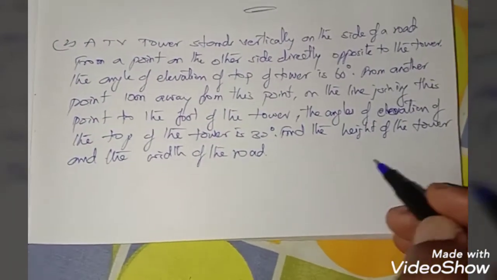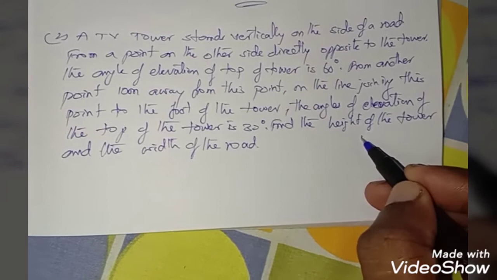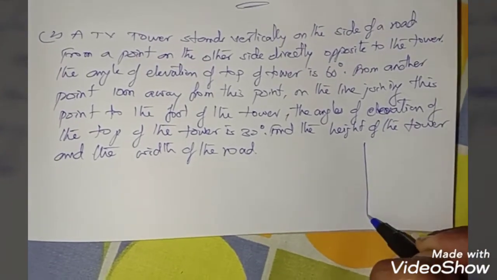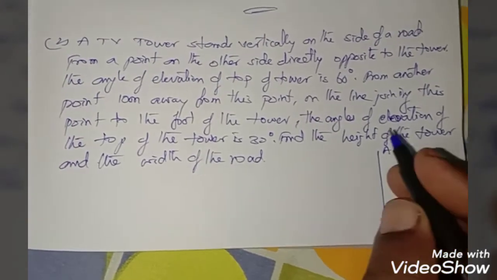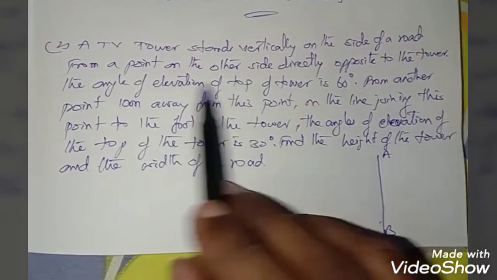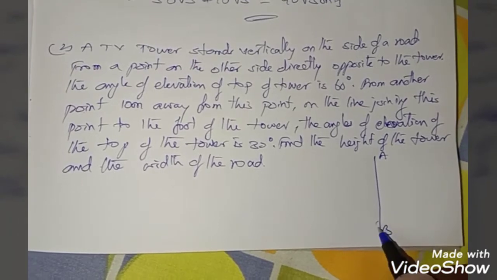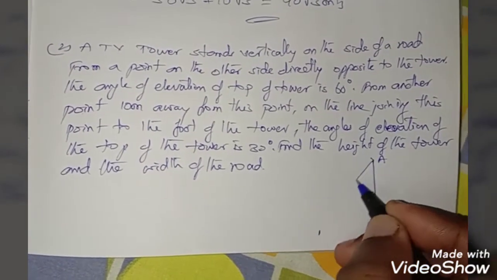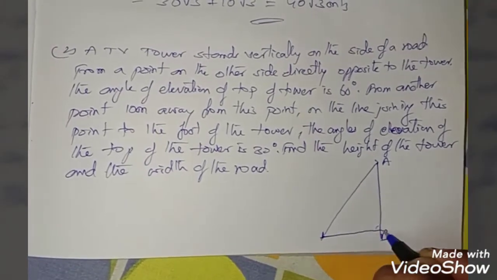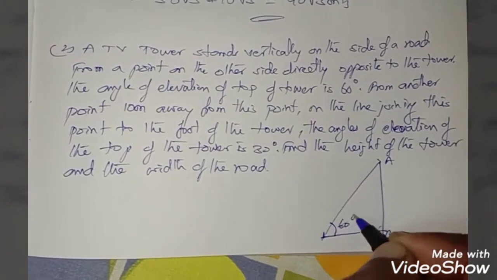So as per your problem, if I draw a diagram, here you have a TV tower which stands, named as A and B. Then from a point directly opposite to the tower, make an angle of elevation of 60 degree.